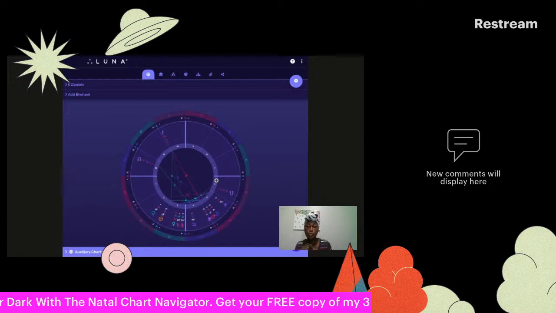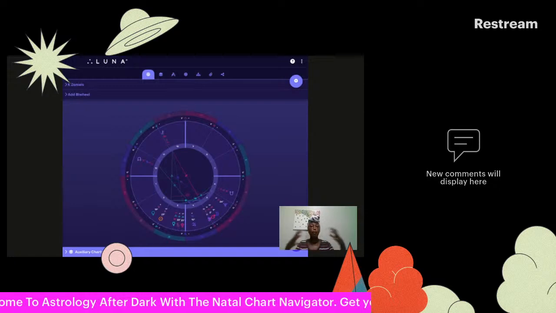As you can see here, the first house on this chart has Leo. The first house stands for not just you, your physical body, but your outward appearance and your personality, and that is going to be expressed through the energy of Leo.